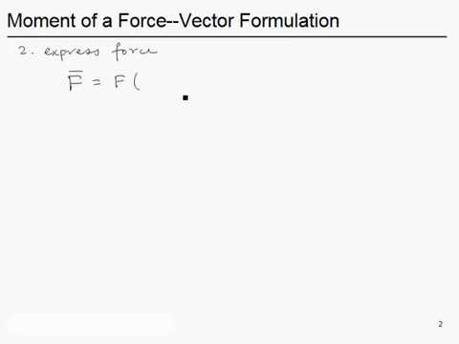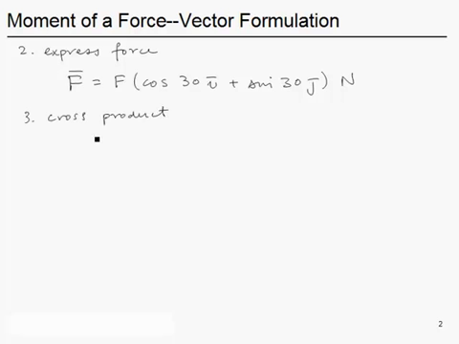In this case, we're told that the angle was 30 degrees, so we would write this as cosine of 30 in the I direction plus sine of 30 in the J direction, and this is going to have units of newtons. So that was easy enough to express the force in that way. All that remains now is to interpret the cross product part of this.